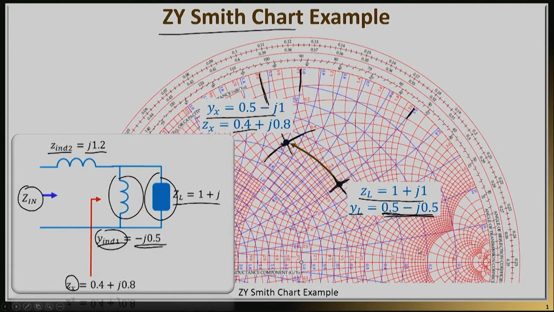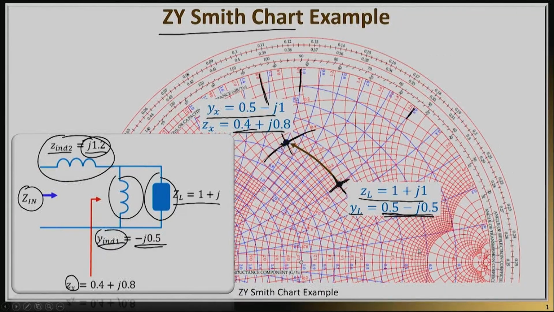Now, I have to add my second inductance. My second inductance is in series, so I'm not going to be working with admittances. I'm going to be working with impedances. So I'm going to take the impedance of 0.4 plus j0.8, and I need to add j1.2 to this value. Adding j1.2 will make the imaginary part equal to j2.